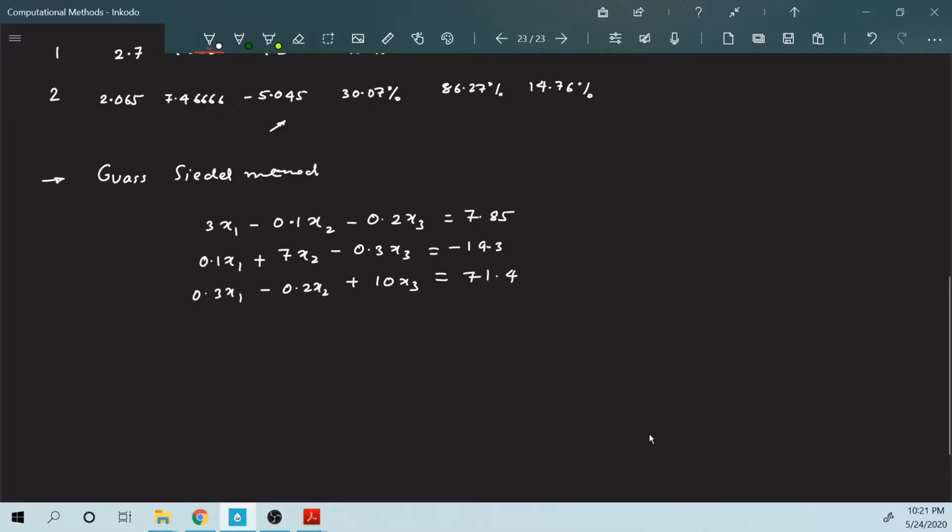Again, what you are going to do is you are going to generate the equation of x1, x2, and x3 from equations 1, 2 and 3.